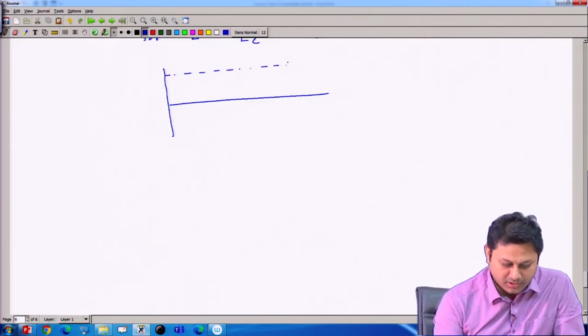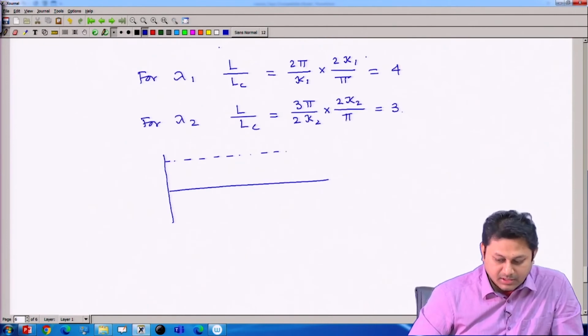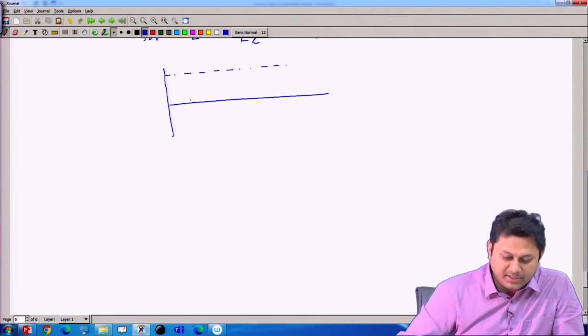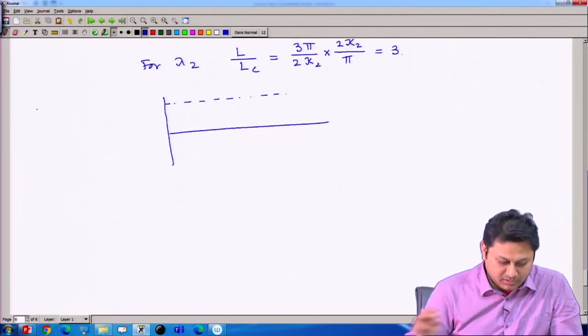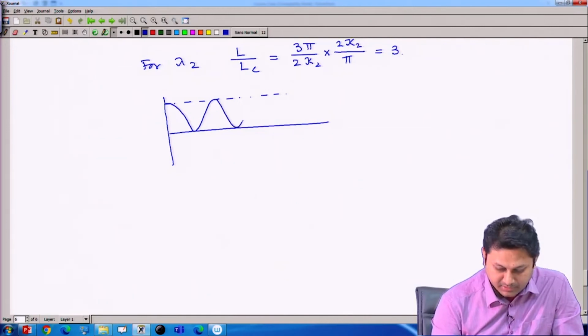So, this is the total coupling length, and the total coupler length is L, and 4 times the coupling length LC is my total length. So, this is one coupling length, this is another coupling length, this is another, and this is another coupling length.